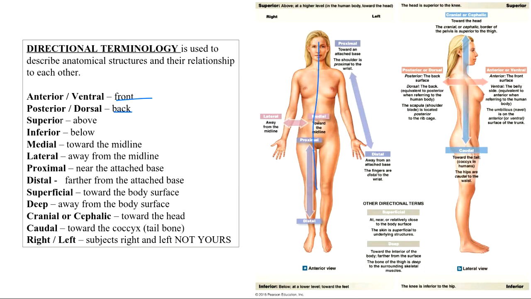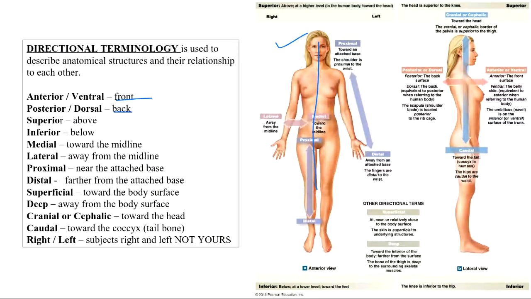In this image that I've included here, I won't be using this image on the exam, but it may help you visualize these terms: moving toward the midline is medial, and moving away from the midline is lateral.